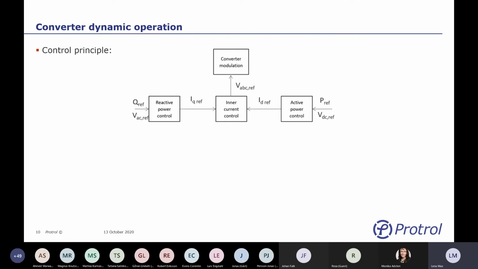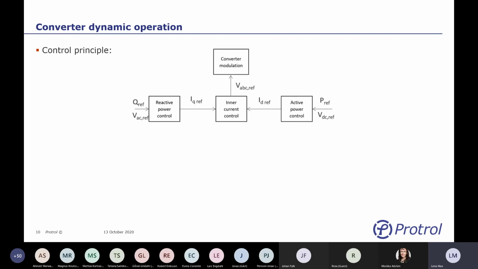And from these reactive and active power controllers, there is a reference current that's the input to the inner current control. And the inner current control gives the reference voltages for the phases. That is the input to the voltage source converter.